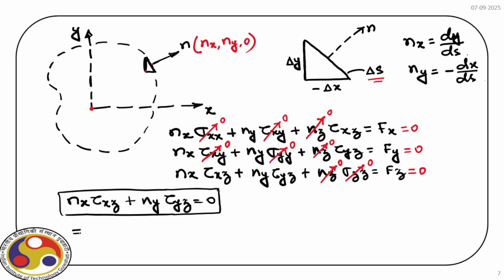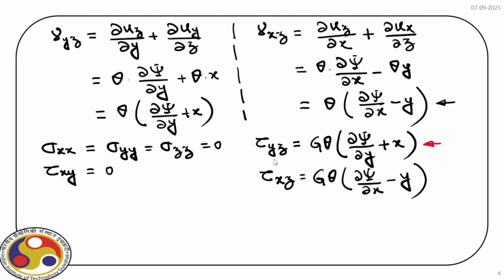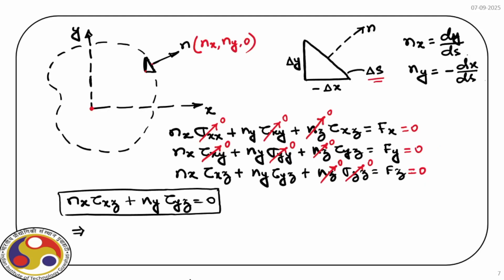So effectively what we get? In place of nx we have dy ds, and for tau xz we can write down the expression that we have derived. It is here. So G theta times derivative of psi with respect to x minus y. Right. So let us write down the first expression.